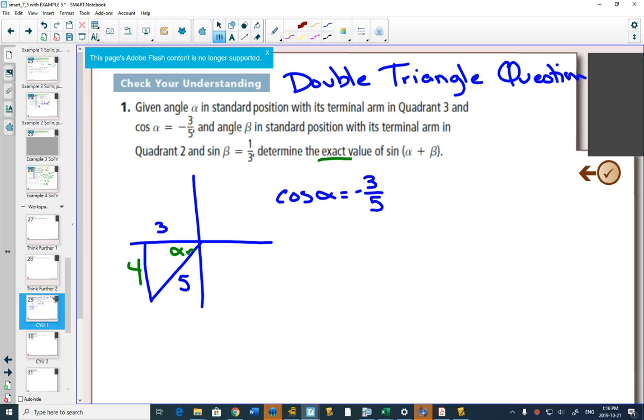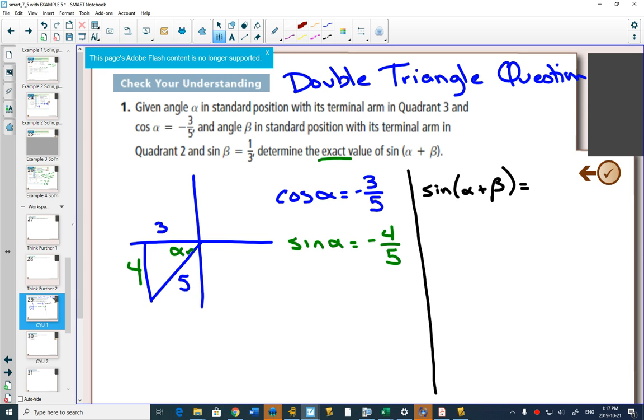That will tell us that sine of alpha is -4/5. And we could find tan of alpha and other things as well, but I'll just draw a straight line here. We want to find sine of alpha plus beta.